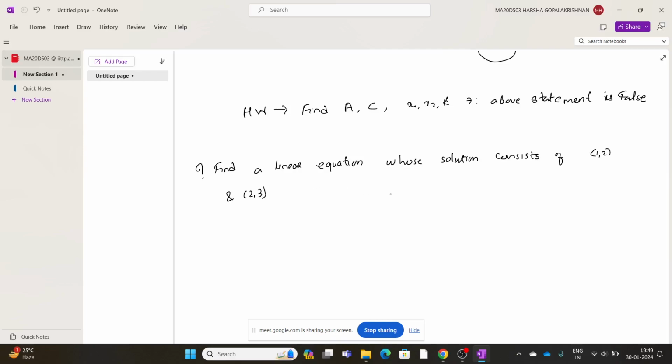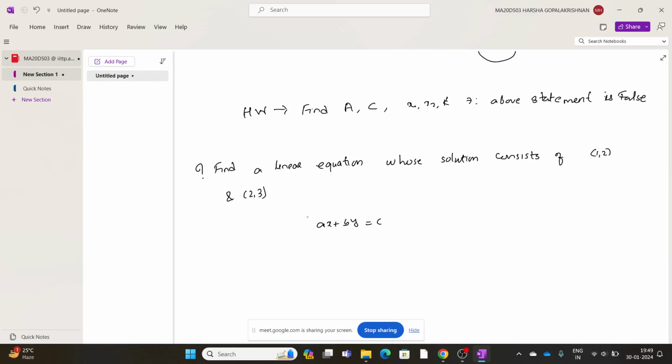Okay, that means we need to find some equation ax plus by equal to c, such that (1, 2) and (2, 3) are solutions of that. Not a system, a linear equation, one equation. So one thing is we can just consider ax plus by equal to c.